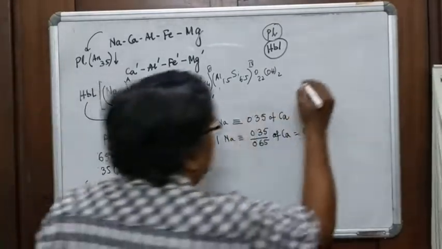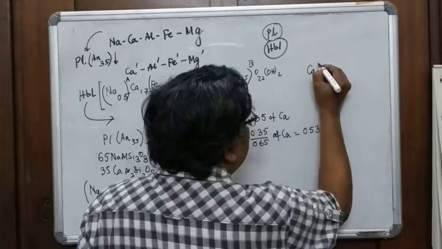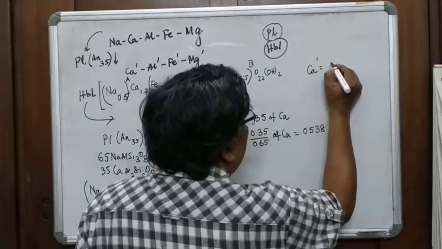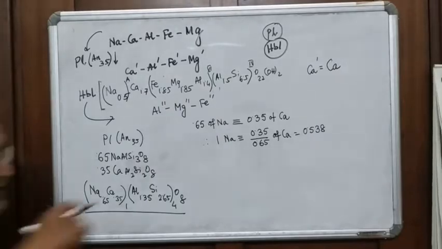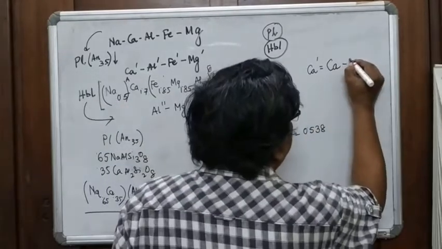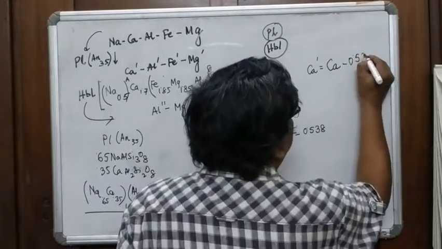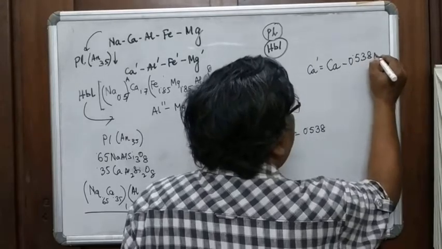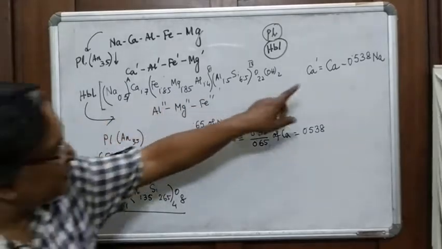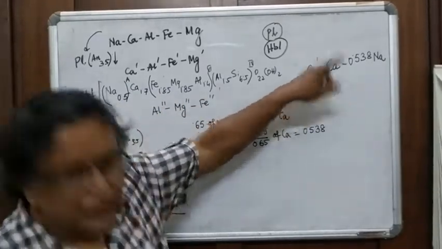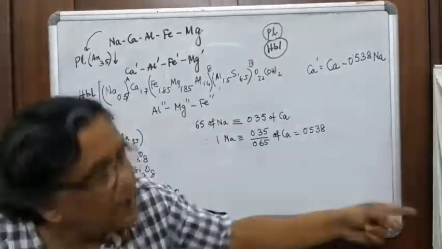That means your Ca prime will be equal to the actual Ca minus 0.538 Na. Have you understood? That is important. What is your Ca prime? The original Ca in a mineral.